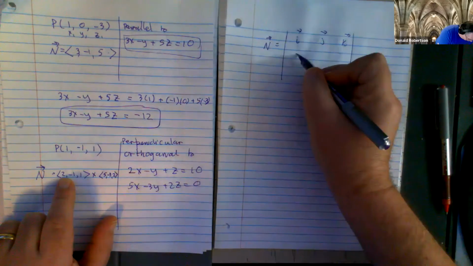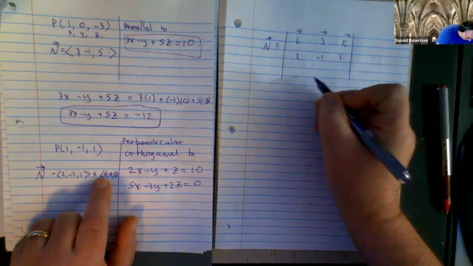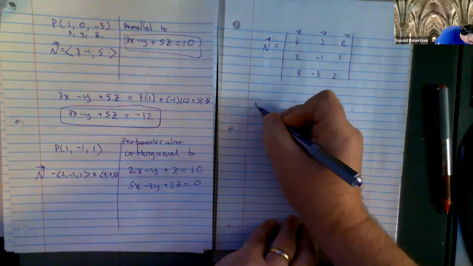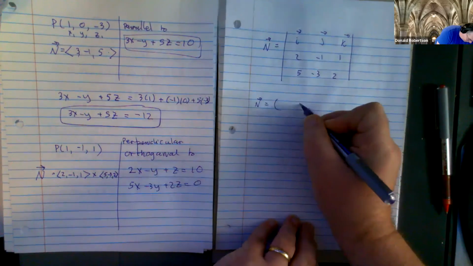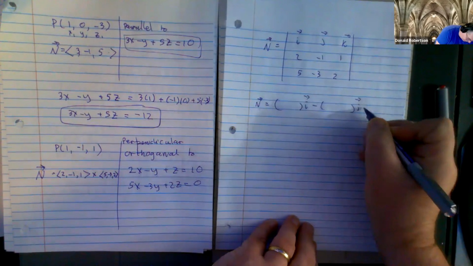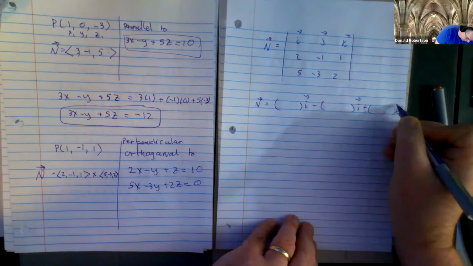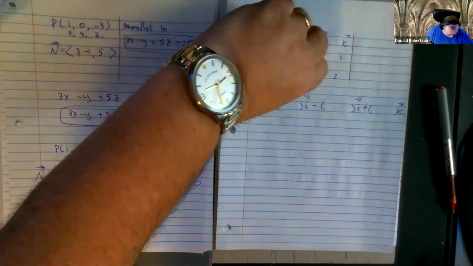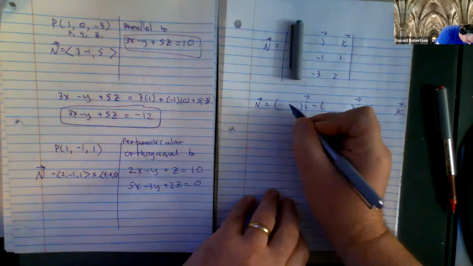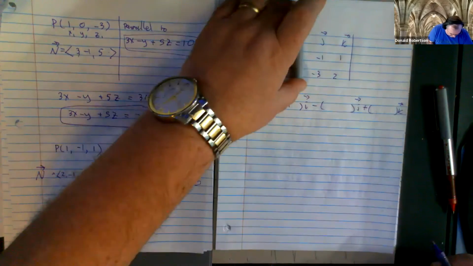This fella is 2, -1, 1. And this guy is 5, -3, 2. So it's so many i's, take away so many j's, plus so many k's. So I cover up this fella, and it's -2, take away -3, so that's -2 add 3, gets you 1.